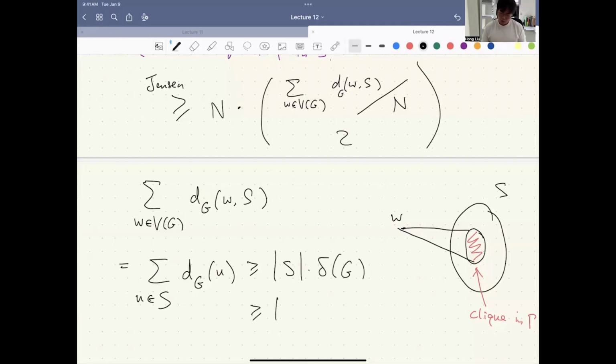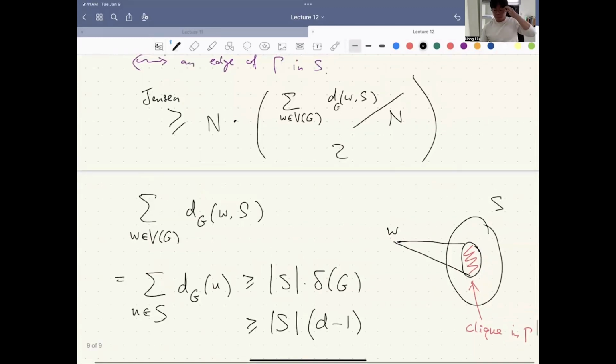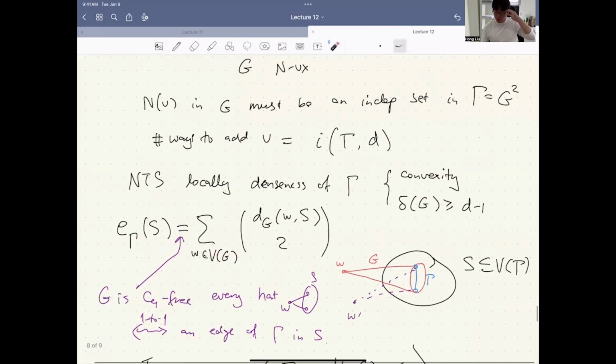We know the minimum degree of G is at least D minus 1. Is it D minus 1, D plus 1? D minus 1.